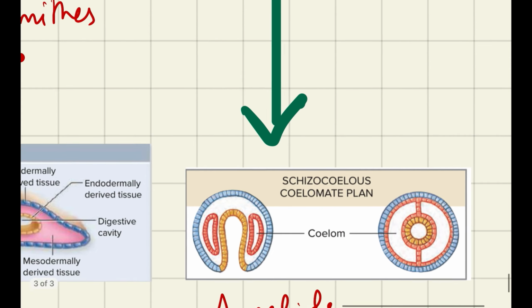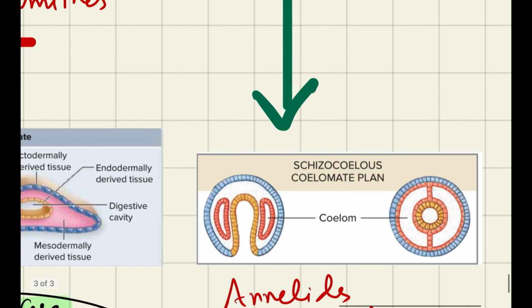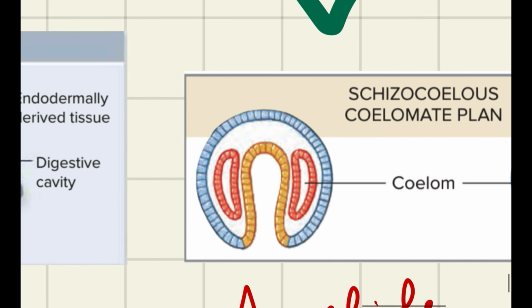What happens here is that this filled tissue, the mesodermal tissue, is being split, and the process of splitting is by programmed cell death, by apoptosis.